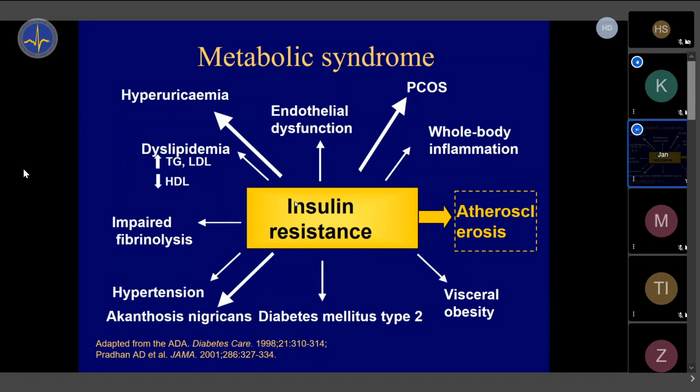So there is insulin on board, but the receptors do not transfer the signal to the cells, to the muscle cells, to liver cells, endothelial cells, etc. So the cells and the human body are insulin resistant.